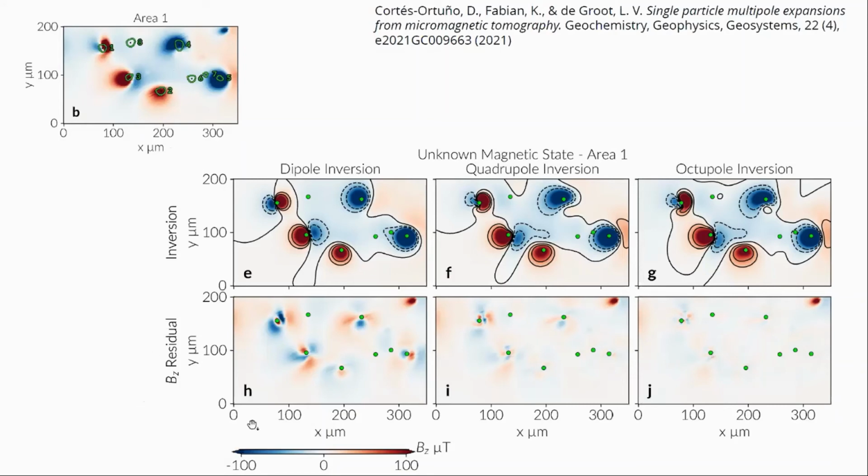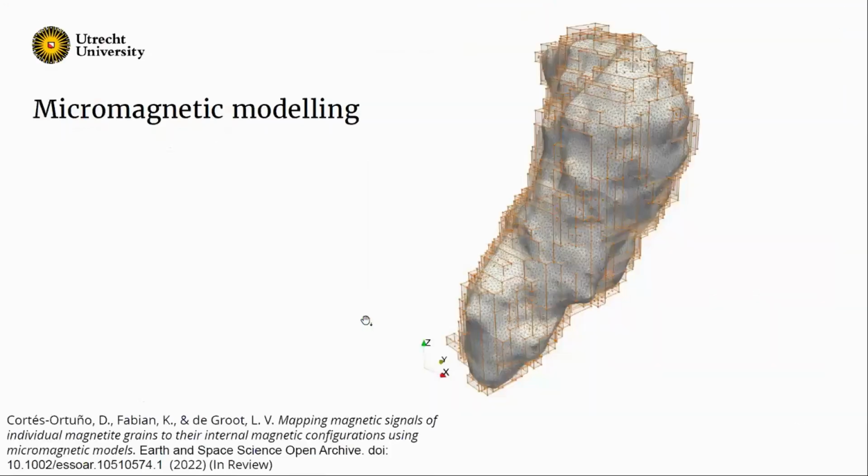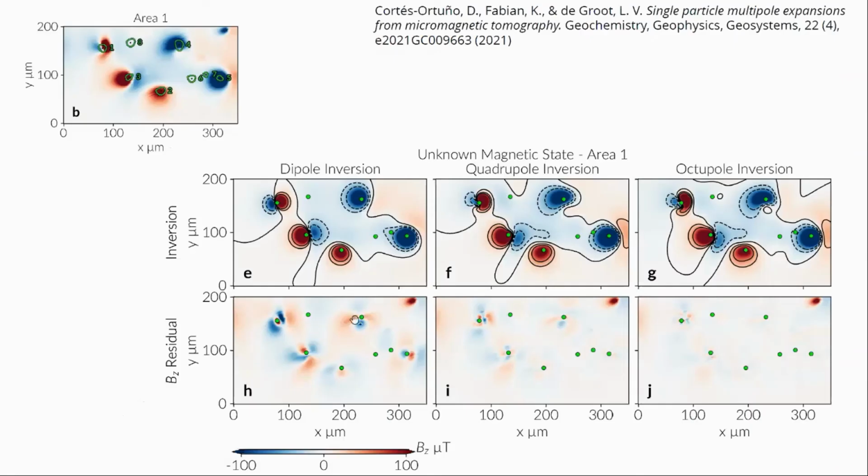If we only assume that the grains are dipoles, or are uniformly magnetized, we have this inversion, which reproduces well the experimental signal, but at the bottom you see that the residual, which is the error, is quite large around certain grains. That means that these grains might have a more complex structure inside.